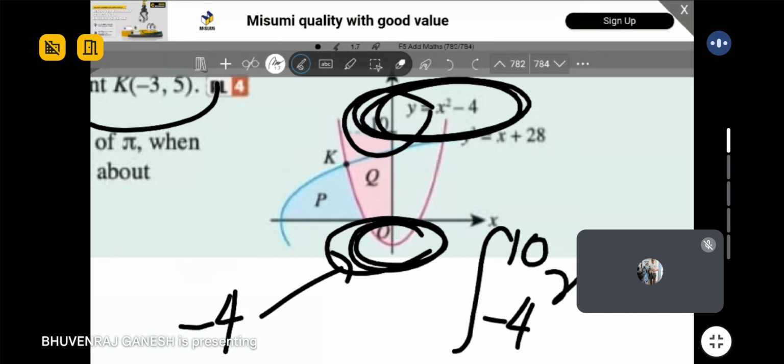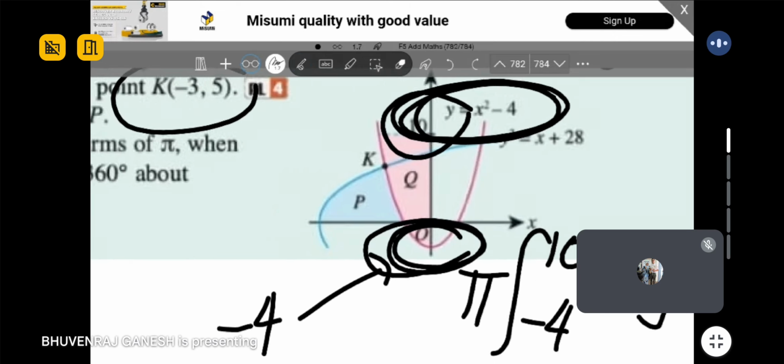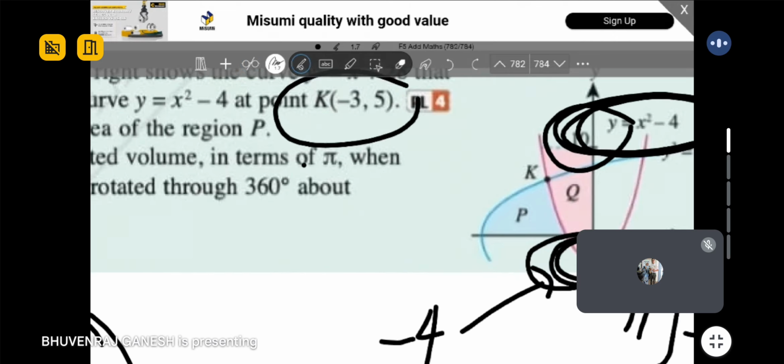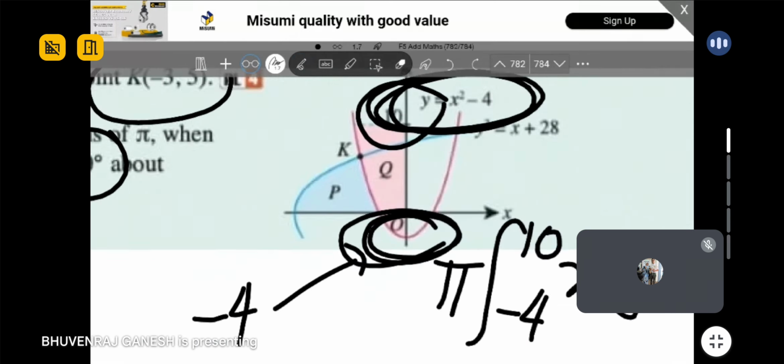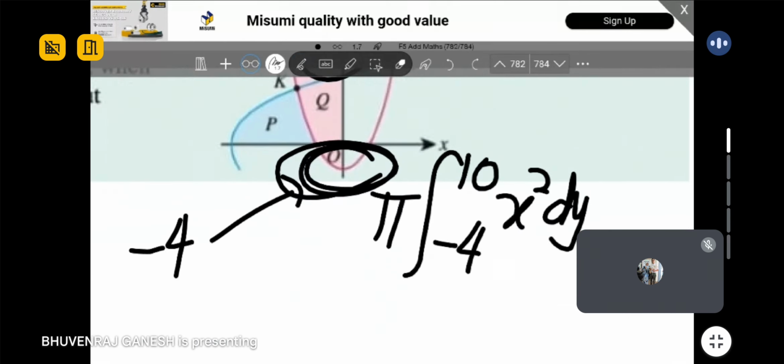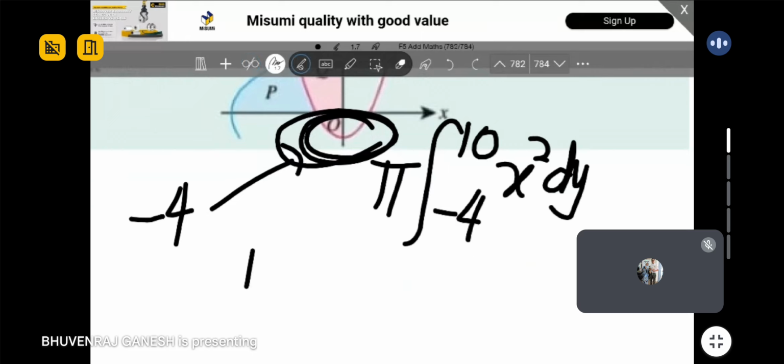Okay. Formula pi x square dy. Then you will get the answer. All right. So 360 means this is one whole rotation. Satu pusingan lengkap. So means that you no need to do anything to the formula. If it's 180 degree, what should you do, guys?